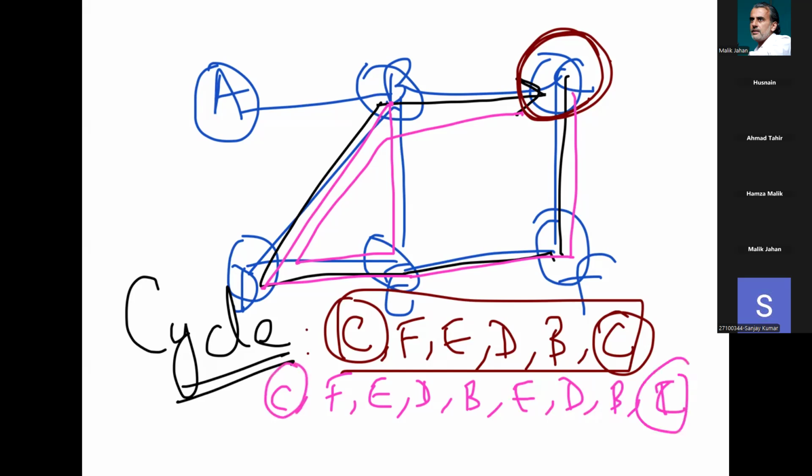But if you look at the intermediate vertices, there are many points which are getting repeated. B is getting repeated, E is getting repeated, D is getting repeated. So that's not allowed. The pink one is a closed walk, but not a cycle.